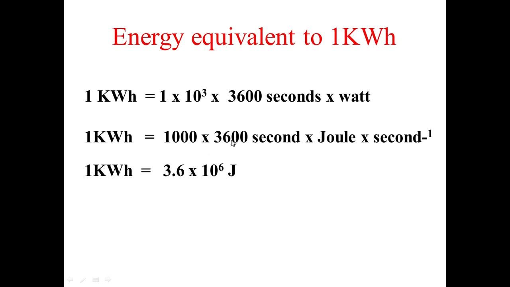And as we shift the decimal to that place, we get 3.6 and 6 zeros. So the energy becomes 3.6 into 10 raised to power 6 joule. That is the energy equivalent to 1 kilowatt hour. That would be an objective type question coming as a 1 mark question.